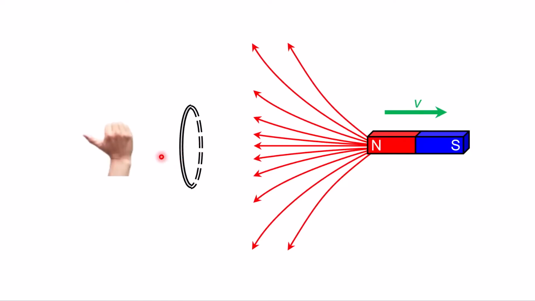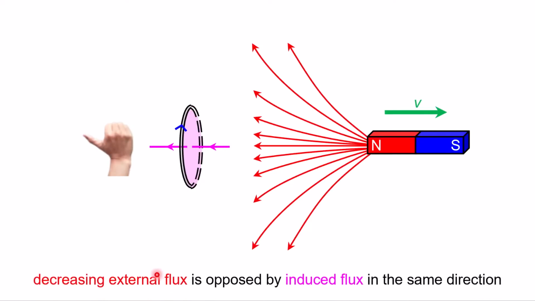So to produce a leftward flux, use your right hand grip rule. Your thumb points leftward, so your fingers tell us we need a current that is clockwise if you look from the right, counterclockwise, because only then you can produce a leftward flux. So when the change is caused by a decreasing external flux, the induced EMF will be such that it tries to produce an induced flux in the same direction.